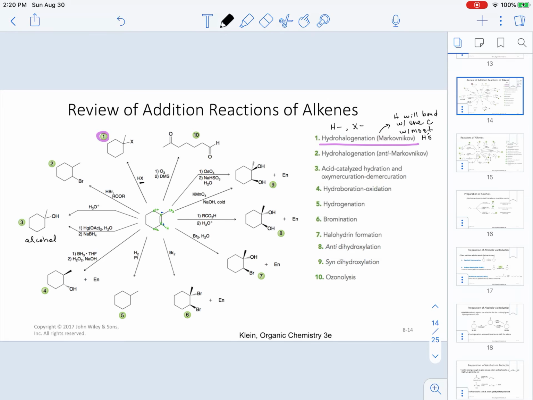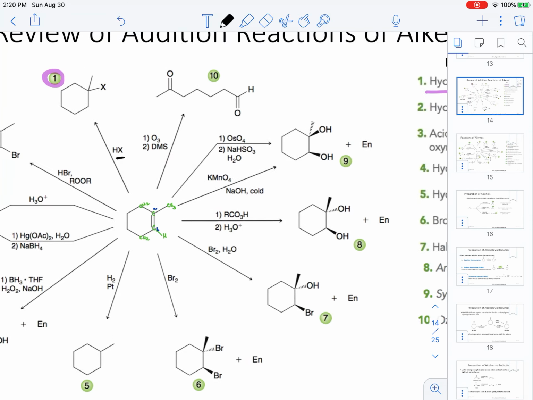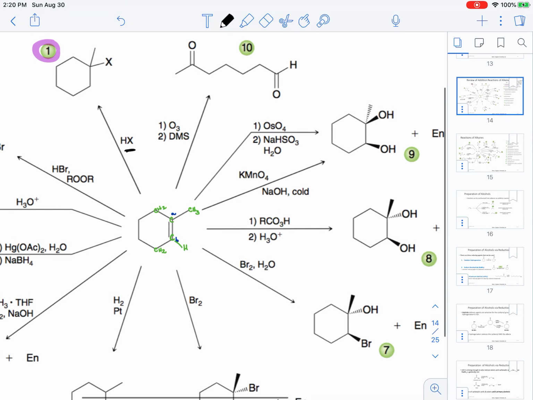So when we look at the labels that I placed, we can see that the incoming H bonded to carbon B because it has the most hydrogens directly attached to itself. Okay, so that's the first reaction.